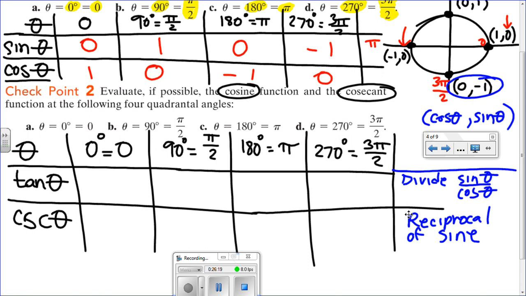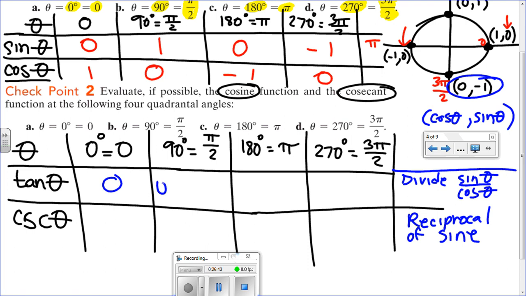Okay, so Mateo, you ready? Tangent of 0. Come on, Mateo, tangent of 0. 0. Very good, because 0 over 1 is 0. Okay, tangent of pi over 2, Taylor. Isn't it undefined?